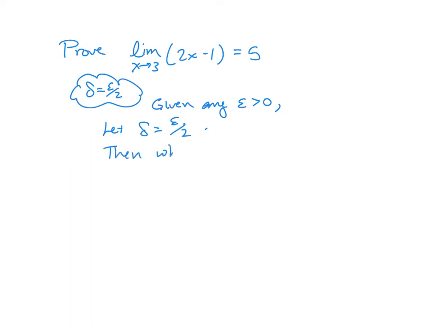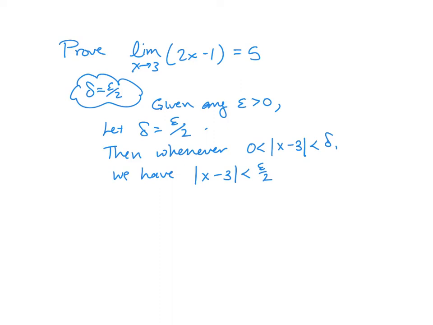Then, whenever 0 is less than the absolute value of x minus 3 is less than delta, we have the absolute value of x minus 3 is less than epsilon over 2.